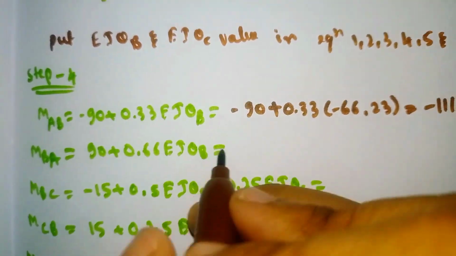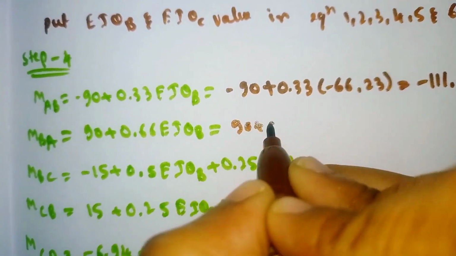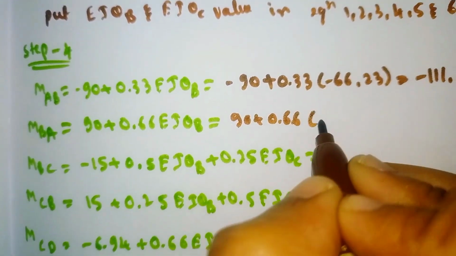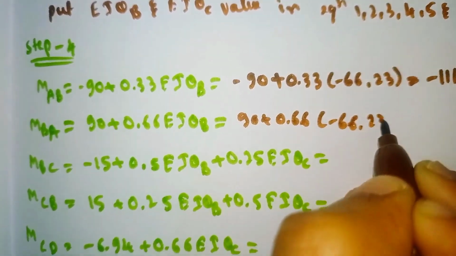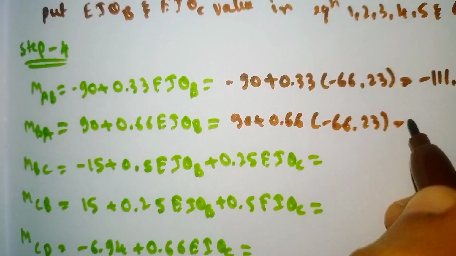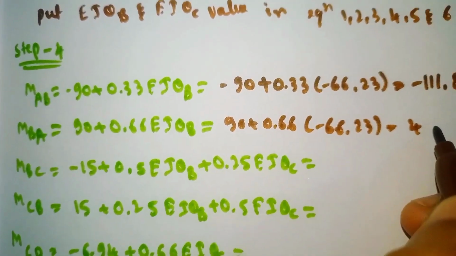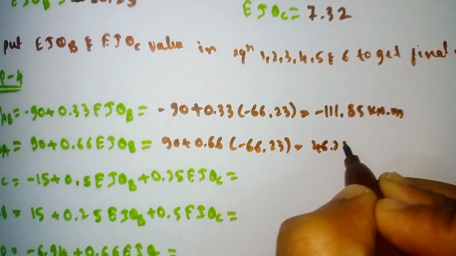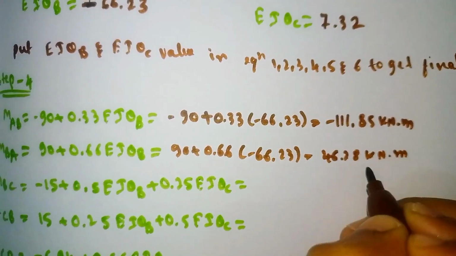Similarly for MBA, 90 plus 0.66 EI theta B, where the value is minus 66.23. Simplifying, it will come out as 46.28 kilonewton meter.